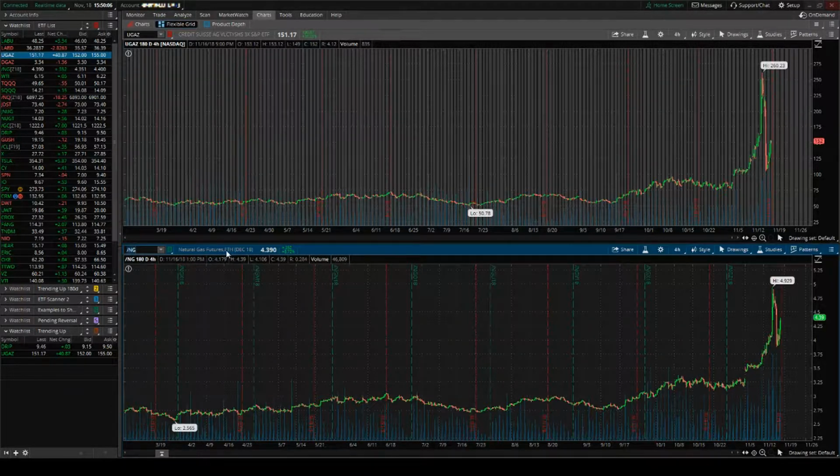Okay, and what I mean by do your research, well, if you look into UGAZ, you would know that this is an ETF that tracks natural gas. So if you see that natural gas prices are increasing, then you can expect UGAZ to also increase. And same thing, when natural gas prices decrease, then you can expect UGAZ to do the same.